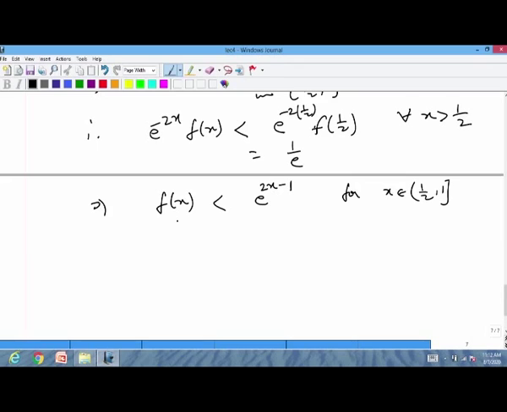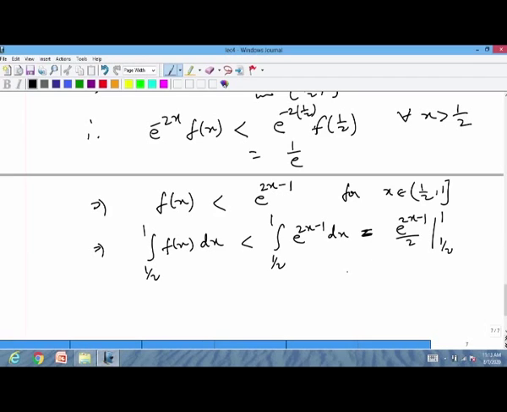So, if f x is less than a function g of x, then this will imply the integral half to 1 f x dx is less than the integral of half to 1 e to the 2x minus 1 dx, and this is equal to e to the 2x minus 1 by 2 from half to 1, which is equal to, at x equal to 1, e by 2, and at x equal to half, it is e to the 0, that is 1 by 2.